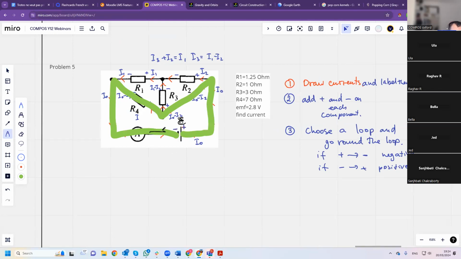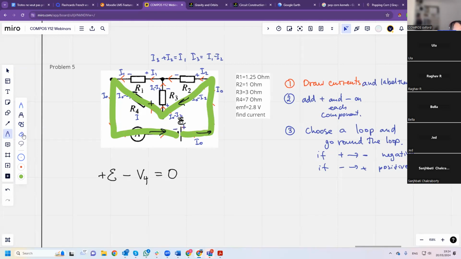And I choose to go through the loop anti-clockwise, this way. So I go through minus to plus. Minus to plus is positive, so it's plus EMF. And then I meet a component. The first component I meet is R4. So I4 is from plus to minus, so it's going to be negative. So minus V4, and that's equal to 0.